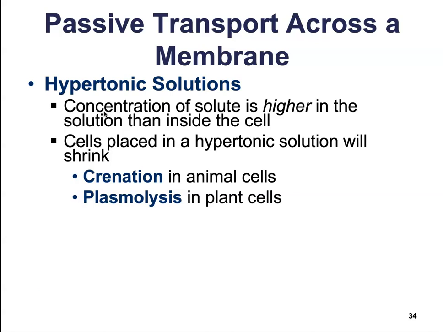If water moves from high concentration to low, it's going to move from inside the cell to outside the cell. If water is drawn out of a cell, it will cause those cells to shrink. We call that crenation in animal cells, and again, I brought this up in lab, and plasmolysis in plant cells.